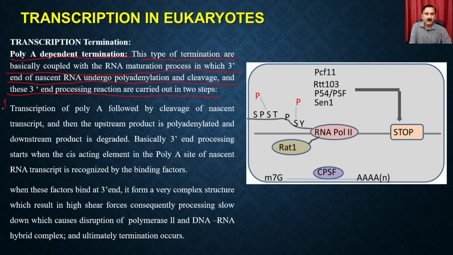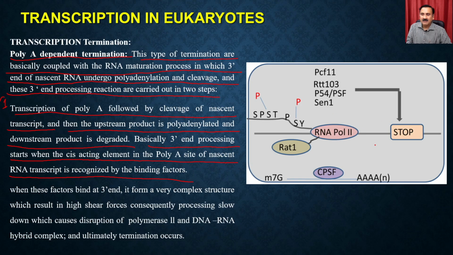In step 1, the transcription of a poly-A site is followed by the cleavage of the nascent transcript, and then the upstream product is polyadenylated and the downstream product is degraded. Basically, 3' end processing starts when the cis acting element in the poly-A site of the nascent RNA transcript is recognized by the binding factor.